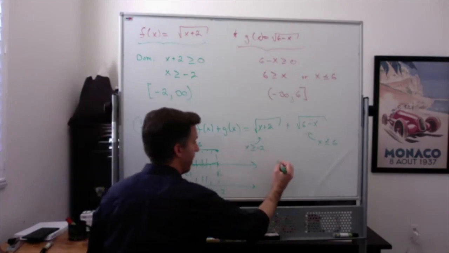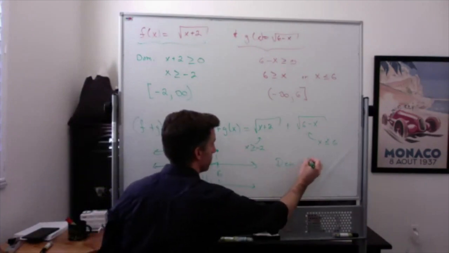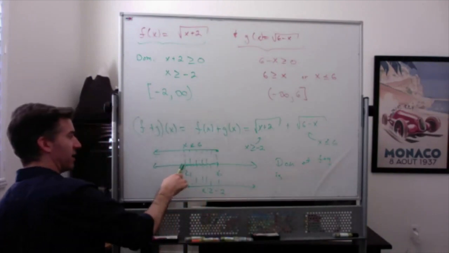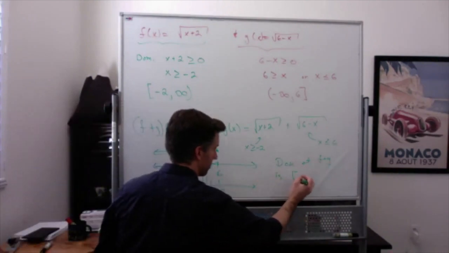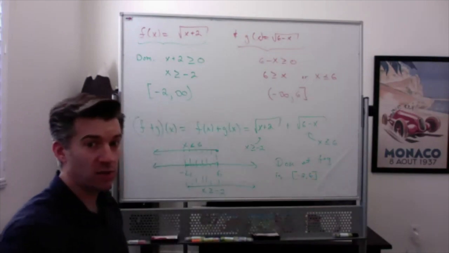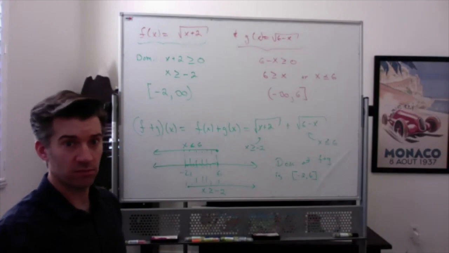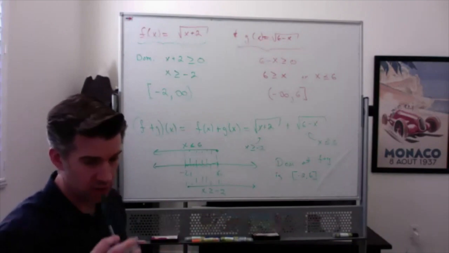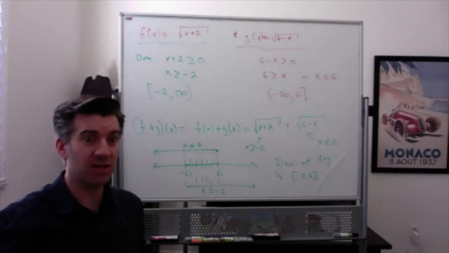So the domain of f plus g is everything from -2 to 6. The intersection of the domains of f and g. Now it's a little different for composition of functions, but that's still a similar idea.